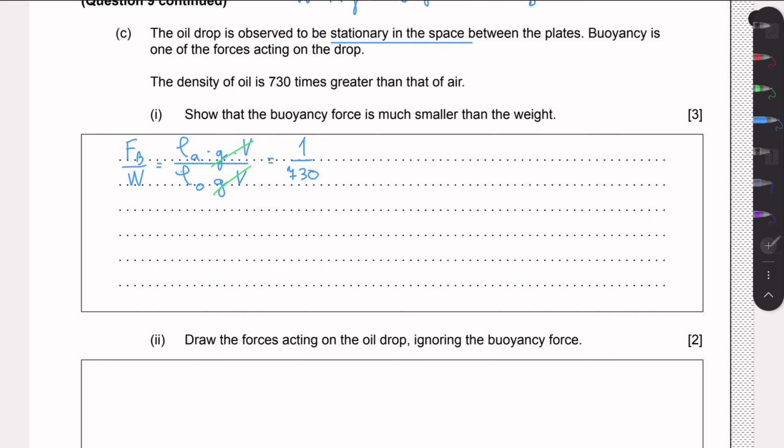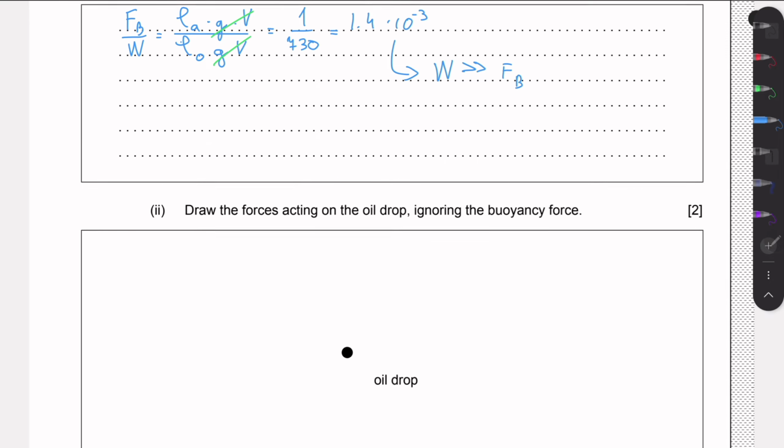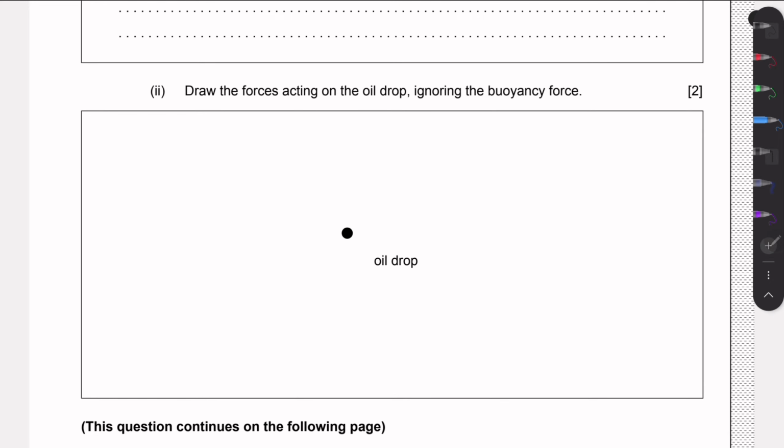So we know that the ratio is 1 to 730, and this is 1.4 times 10 to the minus 3. So from this, we can see that the weight is much, much larger than the buoyant force, and it's a very small number.